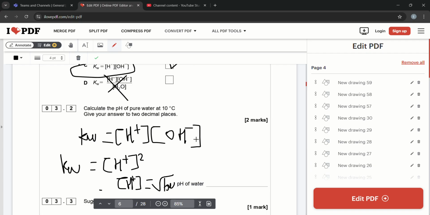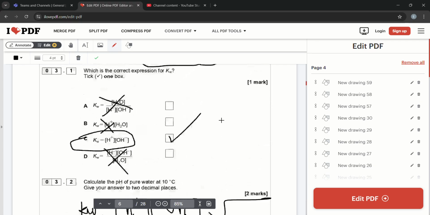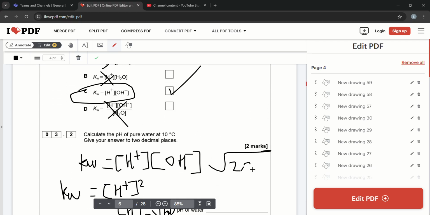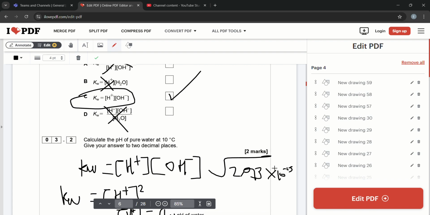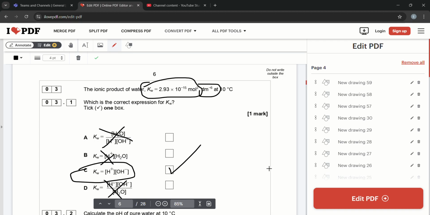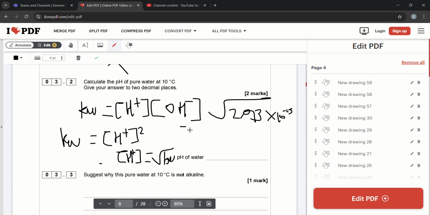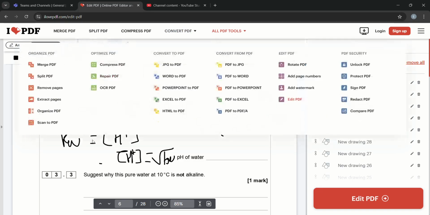So we're going to do the square root of 2.93 times 10 to the power minus 15, which gives 0.41 times 10 to the power minus 8. Now this gives us the concentration of H plus.